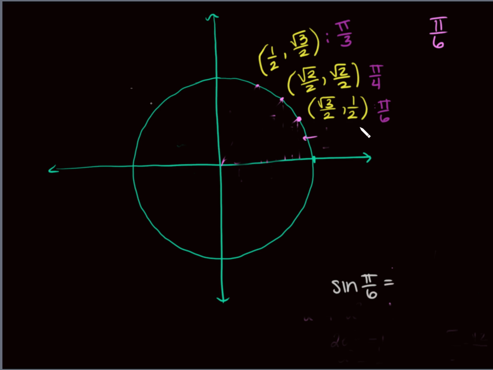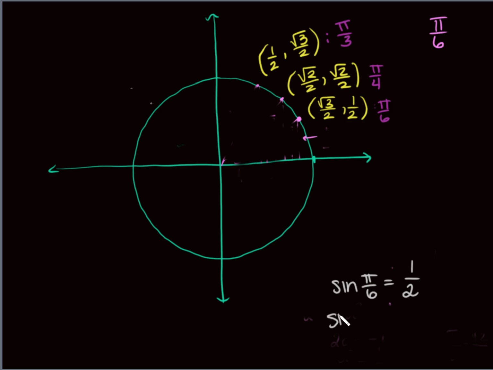Sine of pi over 6 is going to be the y-coordinate of that point on the unit circle that corresponds to an angle, right? You have to think not only of the angle, but also this distance here would be pi over 6. So what is the sine of pi over 6? It's the y-coordinate, which sure enough, is 1/2. Do you see that?